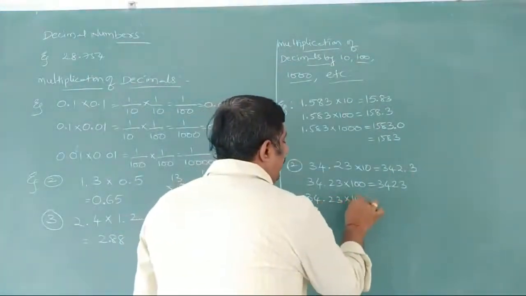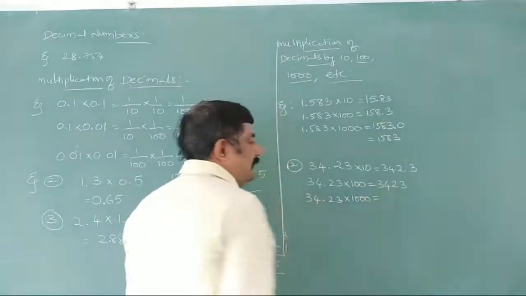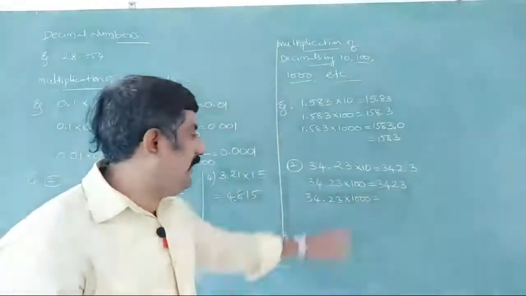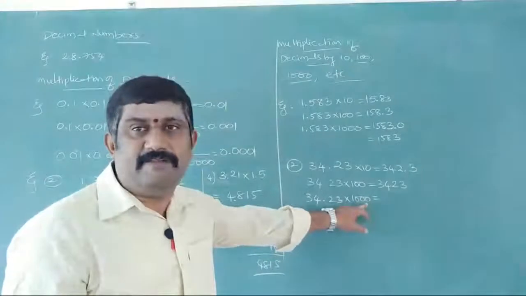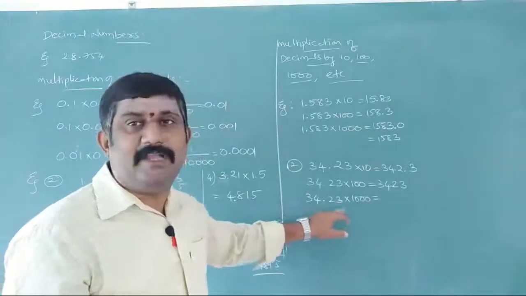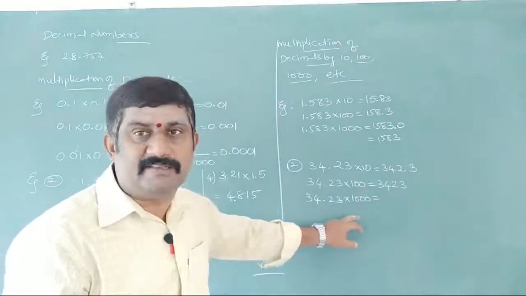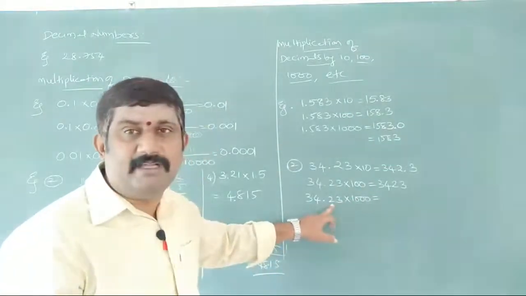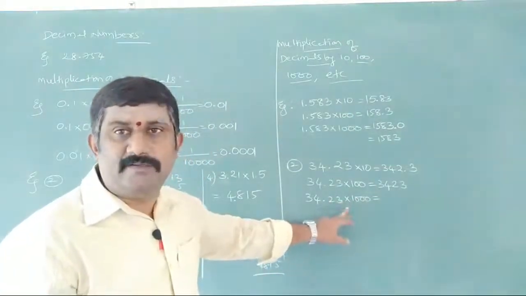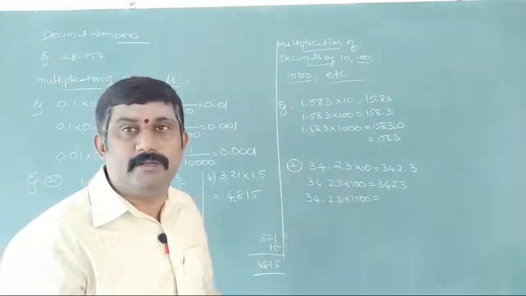Next, coming to 34.23 into 1000. How much is it going to be? 1, 2, 3 zeros we have here, so the point has to move 3 steps to the right side. But we have only 2 digits. Then what about the third one?